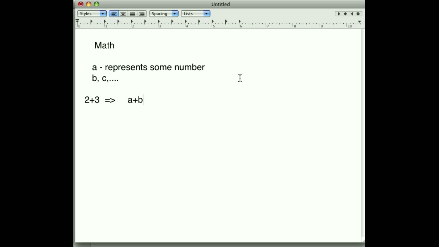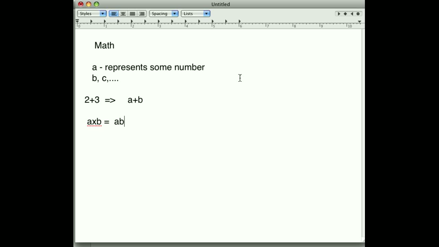So if we assume that we use letters of the alphabet as symbols for numbers, let's go over a few rules that you may know already, but just in case you don't know, let's just review them. For instance, if I have a symbol like A and I multiply it by B, in math we usually write AB.